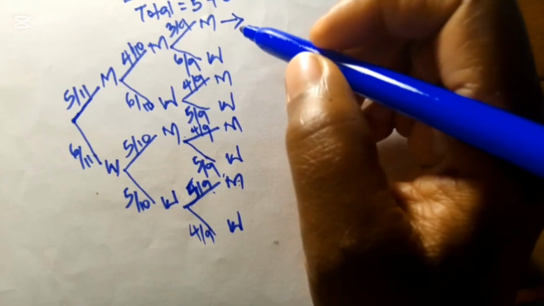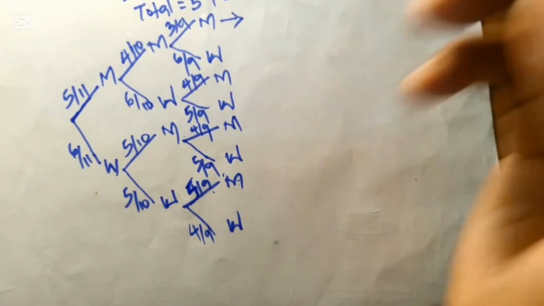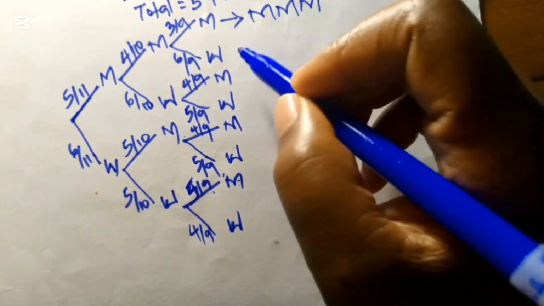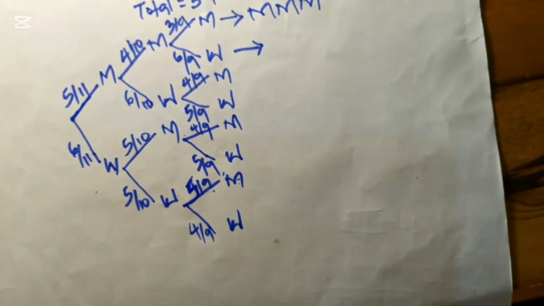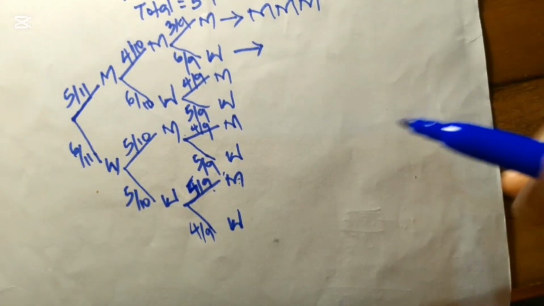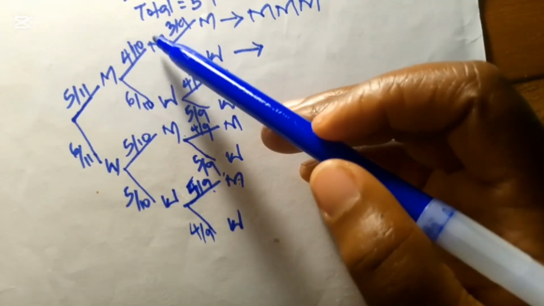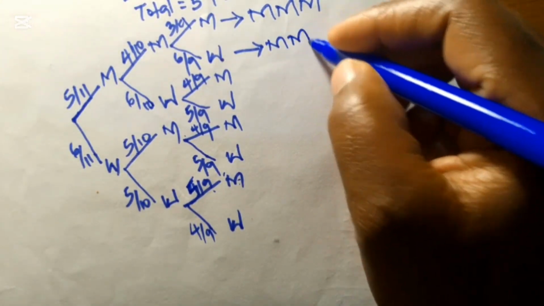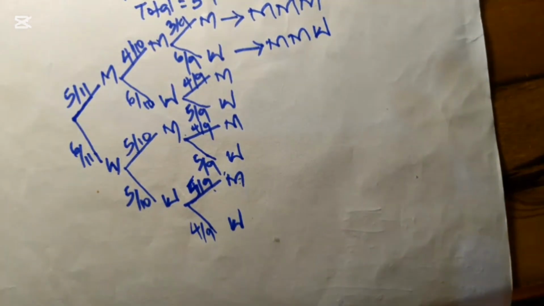In this case we'll have man. Committee can be of 3 men. From the probabilities it can be a man, a woman, a man and a woman.